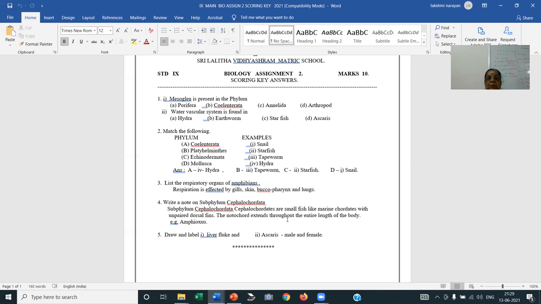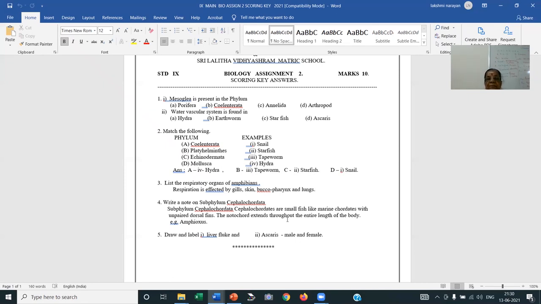So in these prochordates, the Cephalochordata, the backbone or vertebral column is represented by a long, thin structure called the notochord. And this notochord, only in higher animals, is transformed into the vertebral column or the backbone.